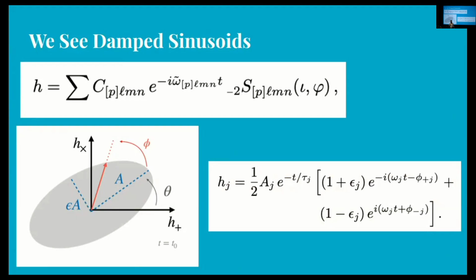So there's a 4-dimensional amplitude space, which is plus cosine, plus sine, cross cosine, cross sine, those 4 numbers. And those are nice because they show up linearly in the detector. Or amplitude, ellipticity, phase, and angle. Yes, 2 phases here, which correspond to the polarization. Those don't show up linearly in the detector.